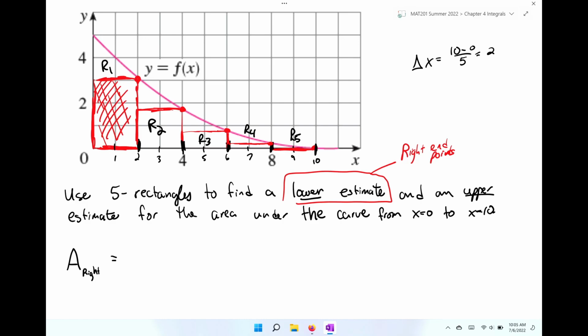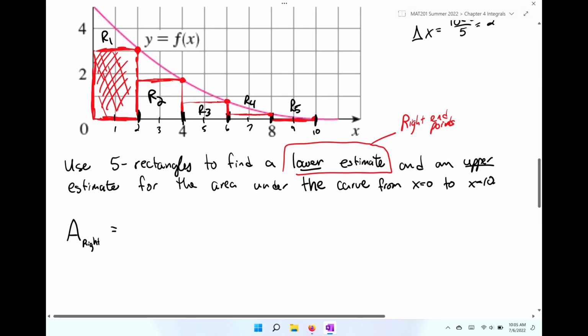And it looks like we're going to have to estimate a little bit here, and that's going to be absolutely fine because remember, this is just an estimate anyways, all right? So the first rectangle is going to be delta x times f of x1. Our second rectangle is going to be delta x times f of x2. And then we just keep repeating this process for each region that we have.